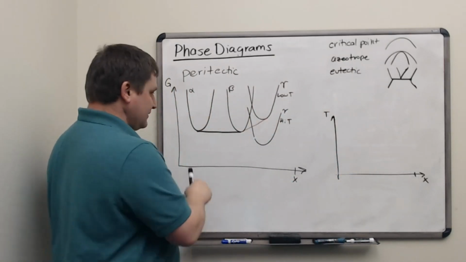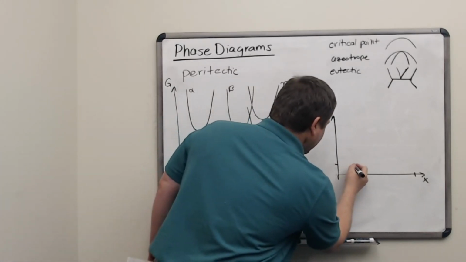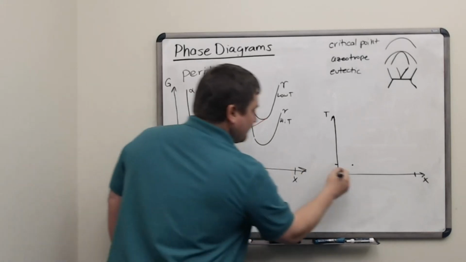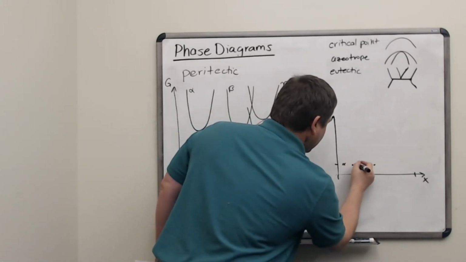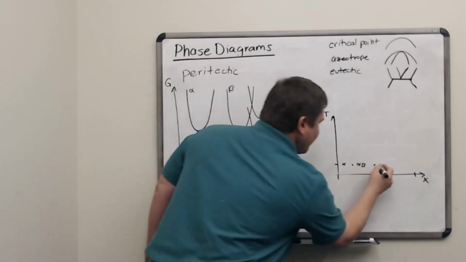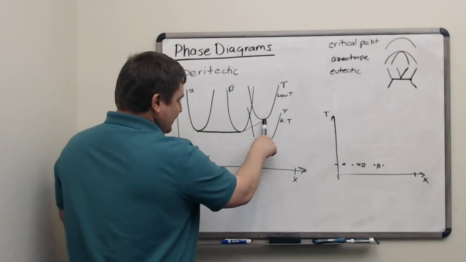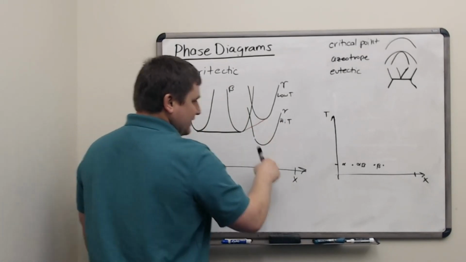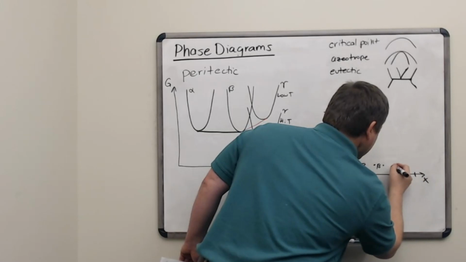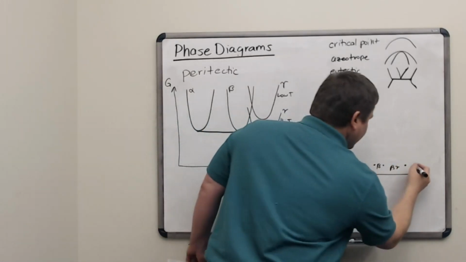At low temperature, we're going to have a region of alphas, a region of mixture between alpha and beta, a very narrow region of betas, beta. Then we're going to have a mixture region here between beta and gamma. And then off to the right, it's all gamma.